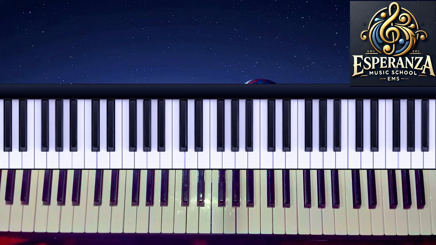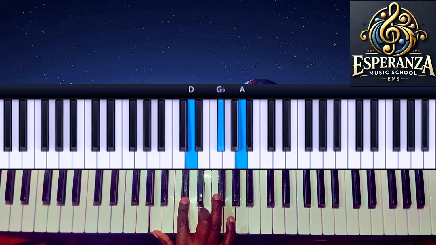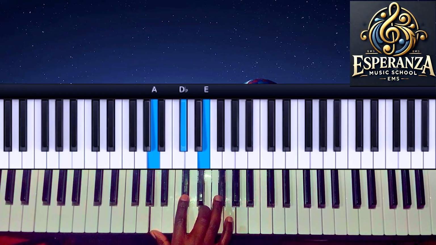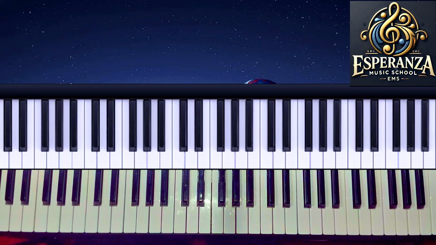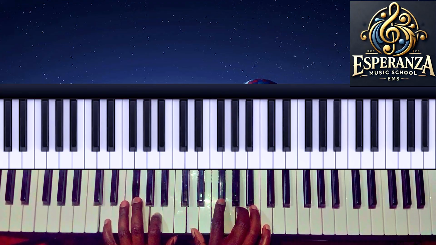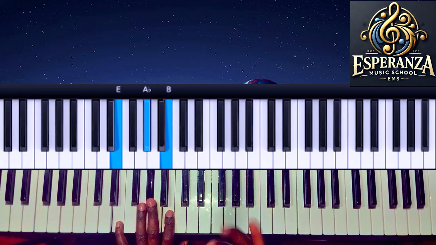Now, this journey that you're moving may be from 1 to 4 and going back to 1 and then maybe going to 5. This process is what we call chord progression. Okay? When you're moving from 1 to 4, back to 1 to 5, this is what we call chord progression.